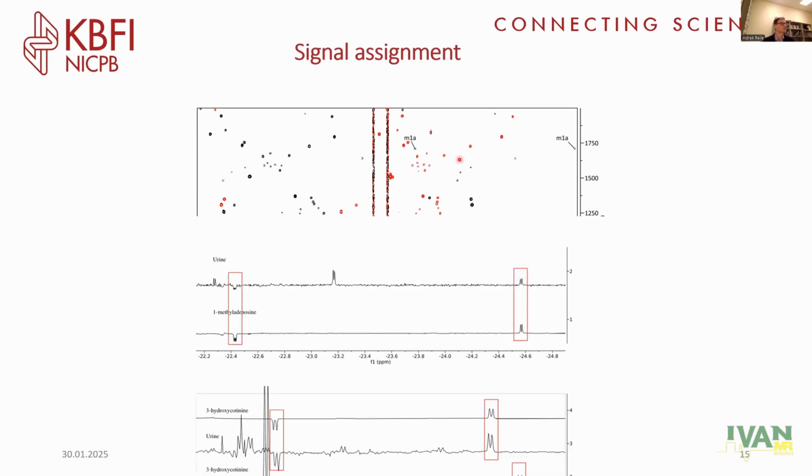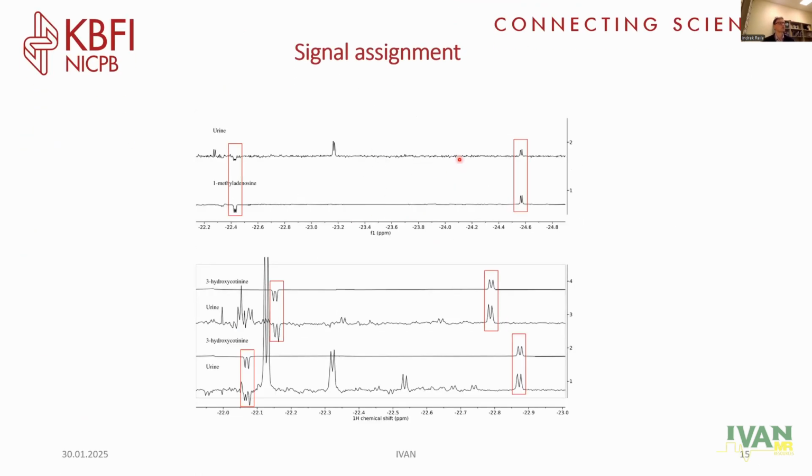But while doing this, we also saw that it doesn't matter whether we measure the same metabolite in the biofluid matrix or in neat solvent solution, the frequencies of it reproduce really, really well.